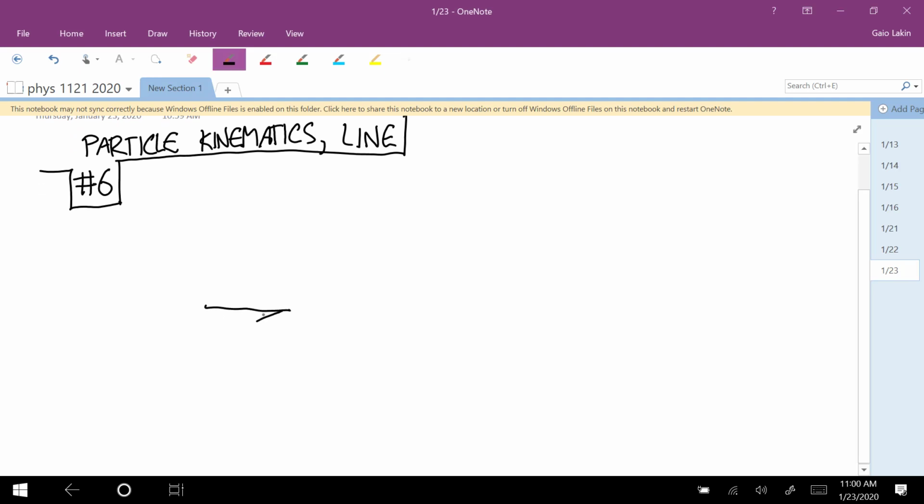So here's the ground. And it's thrown from here, and it reaches a high point of h max. So it goes straight up and straight back down. This distance is h.